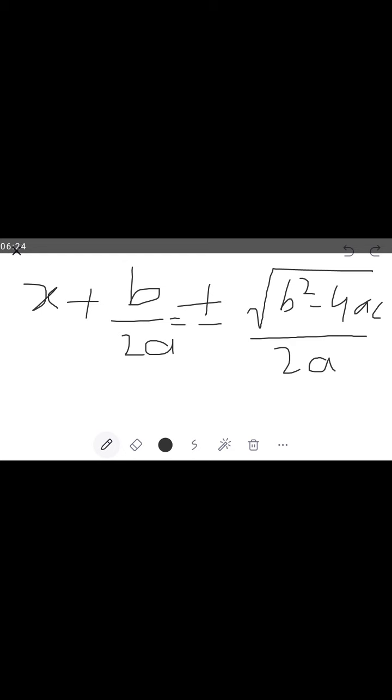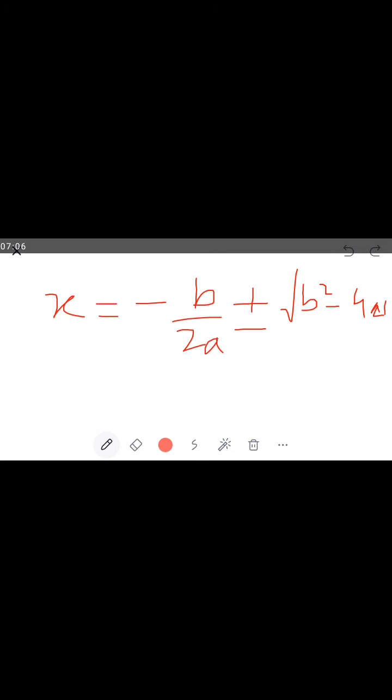If we subtract b upon 2a from both sides, then the equation will be modified like this: x is equal to minus b upon 2a plus minus under root b square minus 4ac upon 2a.